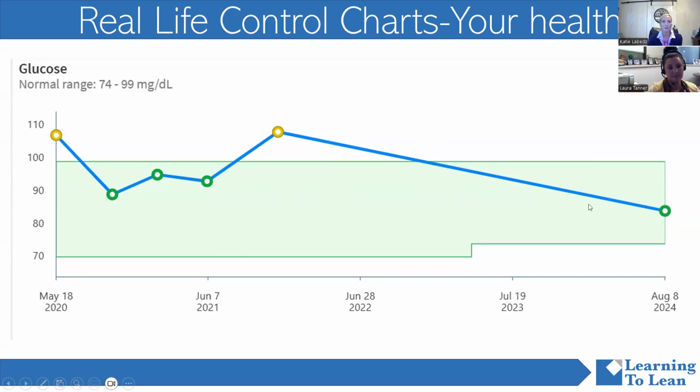So I was put on some new medication, and then that brought my regular fasting glucose down. And that's what we wanted it to do. Now, again, there's only what, three, five, six data points. So I'm not going to have historical data necessarily over time. It's not enough data points. So that upper and lower control limit is based on my age, my race, my gender, etc. And those will change over time too as you get older.